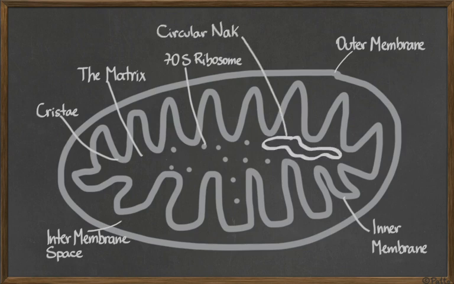It also has its own circular naked DNA, genetic information, which also supports the endosymbiotic theory. This is actually a bacteria living inside of us with its own DNA and ribosome, doing all its stuff, and two membranes to support that idea.